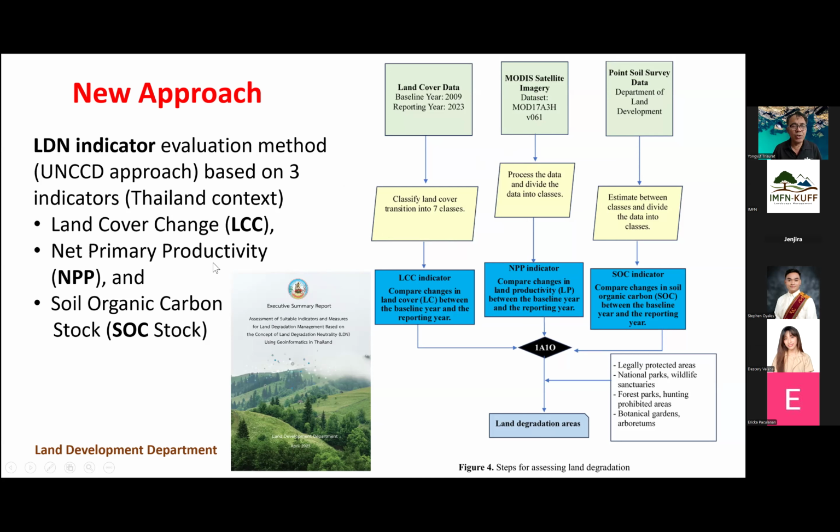One is the land use land cover change, the second is the net primary productivity, or NPP, and the other is soil organic carbon stock. Based on these 3 indicators, for example the land use land cover change, LDD would like to monitor the change in land degradation neutrality.